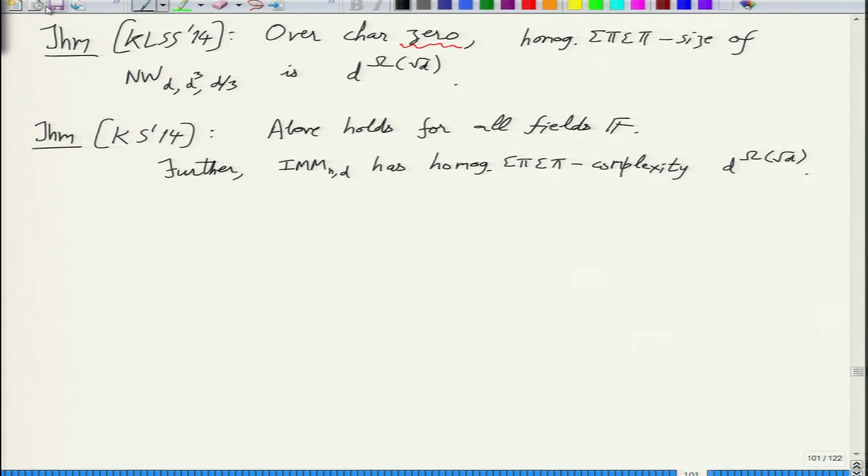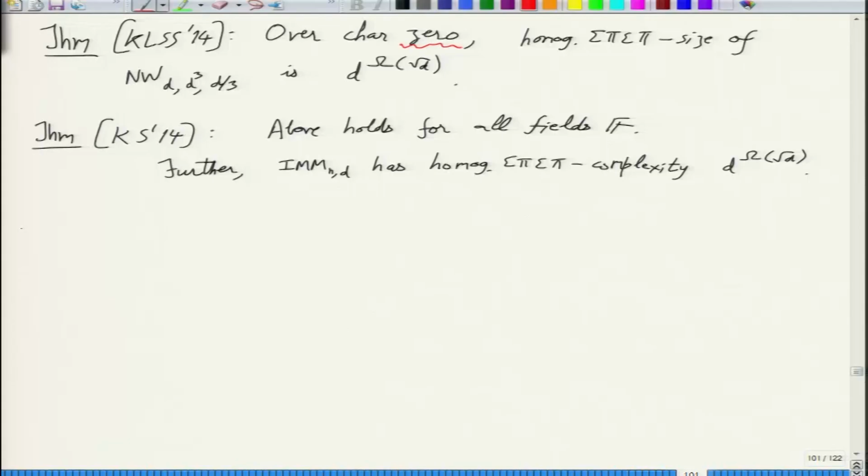So IMM is a polynomial of degree d, and n will be assumed to be poly d, so the number of variables is also d cubed or d to the 4, whatever. So again d raised to square root d is a good bound. These are the results which you will get ultimately.